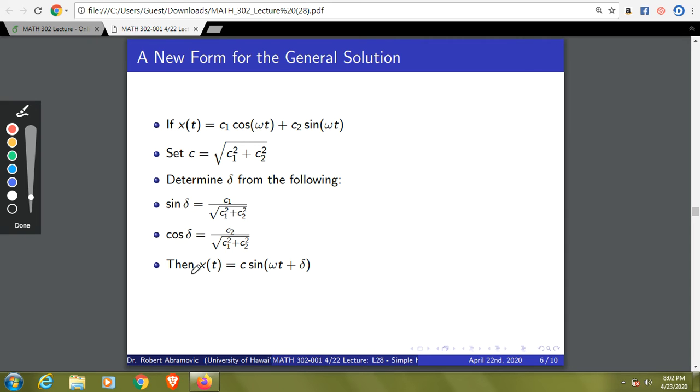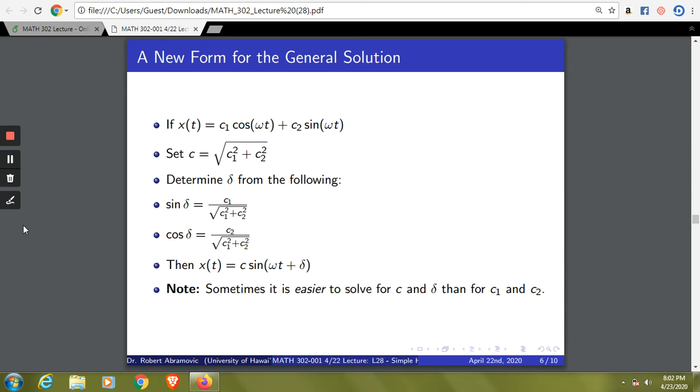The nice thing about this form for x of t is that there's only one trig function to worry about, just sine. Just keep differentiating sine. That's usually easier to worry about than C1 and C2. And in fact, sometimes it's easier to solve for C and delta than for C1 and C2. Especially in physics, this form is used a lot. Delta is sometimes called the phase.